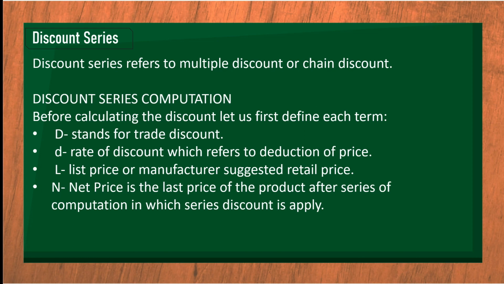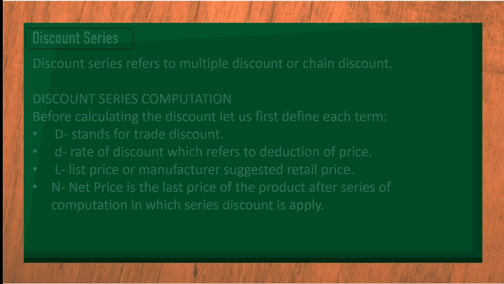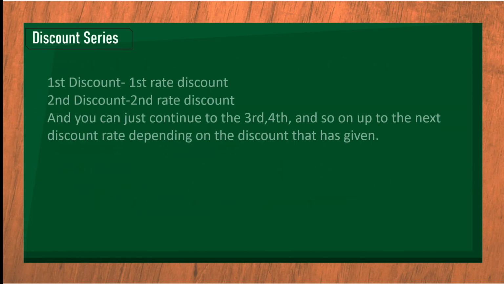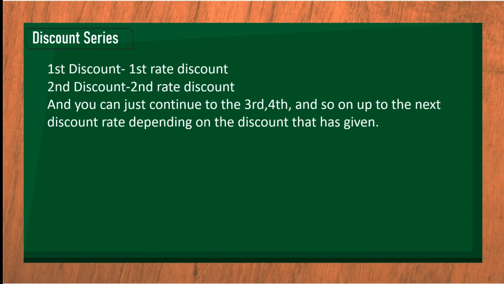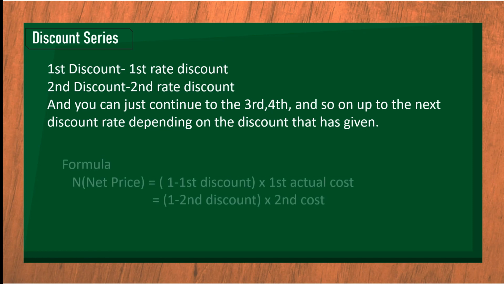N, net price, is the last price of the product after a series of computation in which series discount is applied. First discount is first rate discount, second discount is second rate discount, and you can just continue to the third, fourth, and so on up to the next discount rate depending on the discount that has given.